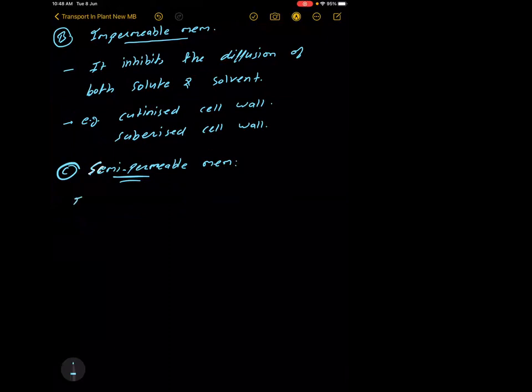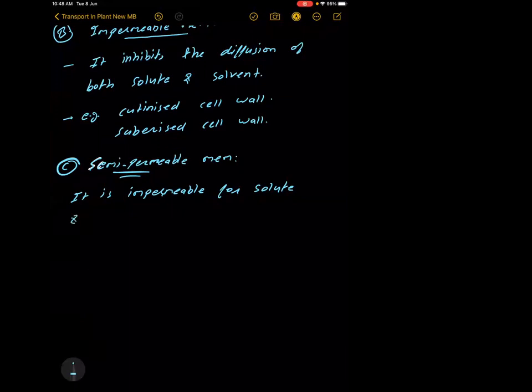So it is impermeable for solutes, no solute is allowed, and permeable for solvent. So that is called a semi-permeable membrane.